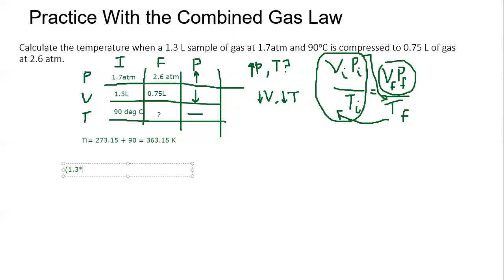3 times 1.7 + 363. What I'm going to do is multiply out all the numbers to get two numbers on both sides, and then we'll move it around to solve for T final.